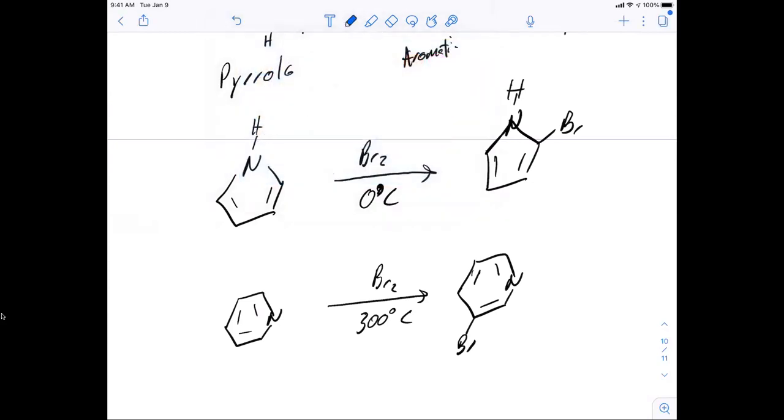So if we think about pyrrole, it behaves like an activated aromatic. You can think about it as adding to the ortho position, and it's very active. I can do this at cold temperature, whereas the pyridine behaves as a deactivated aromatic.